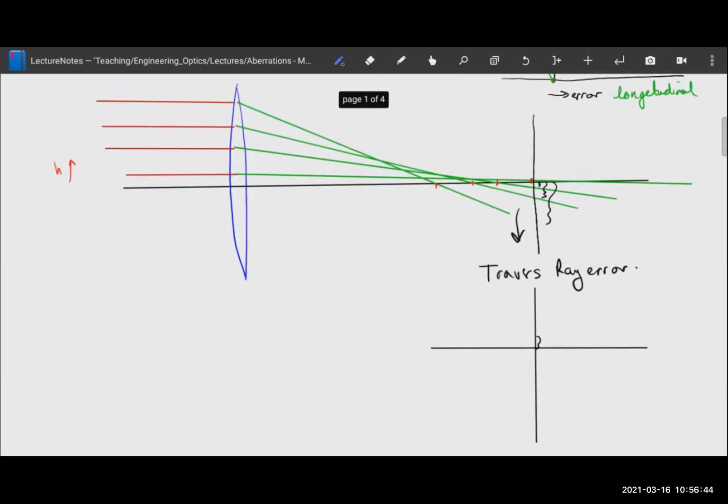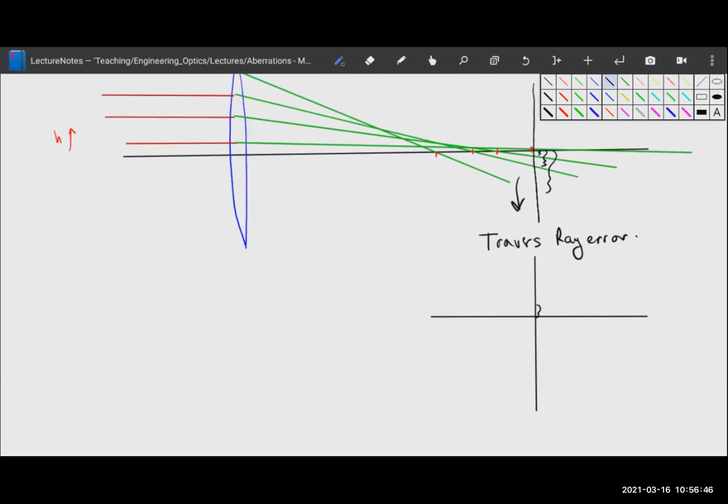And so we can plot the transverse ray error in the exact same way, right? So as a function of our pupil height here, and we'll plot this in green as well, we can say, all right, well, the first one is 0. The second one intersects this plane at a height of this one.